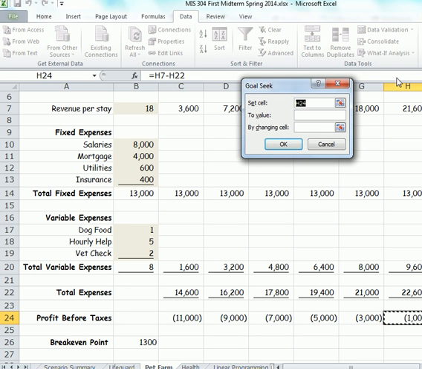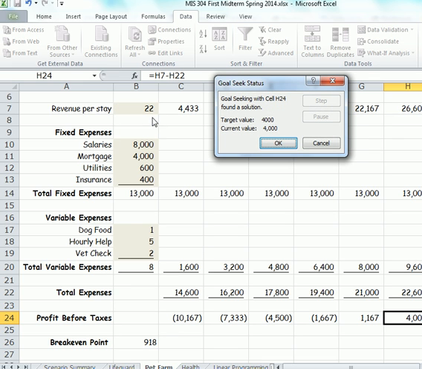Goal Seek. And I want to change H24 to 4,000. And it asks you either by changing your revenue or the number of stays. So you're changing cell. If it is revenue, highlight the revenue and hit OK. And it becomes 22.